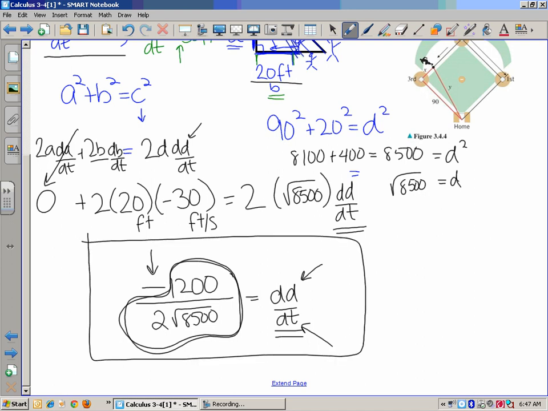Keep in mind, I used the Pythagorean theorem twice: once with numbers to come up with one of my values, and then I evaluated the derivative with just variables, plugging in all the information given for the specific moment that we're talking about.